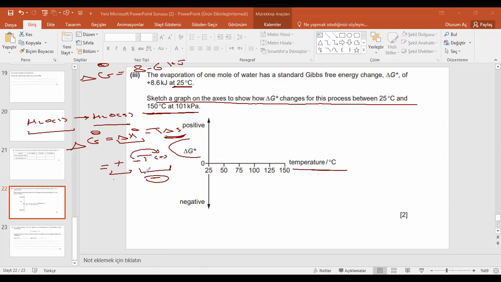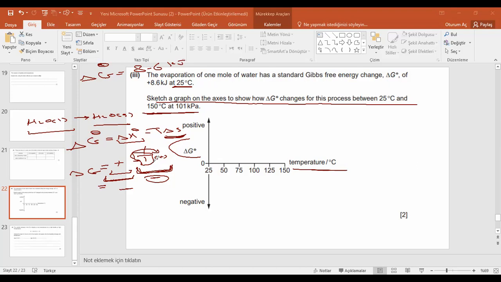So for this process to be spontaneous, for delta G to be negative, what should we do? We should increase the temperature. When we increase the temperature, the negative side will be larger than the positive side. So we end up with a negative sign. What I'm saying is, as we increase the temperature, delta G gets less positive or more negative.